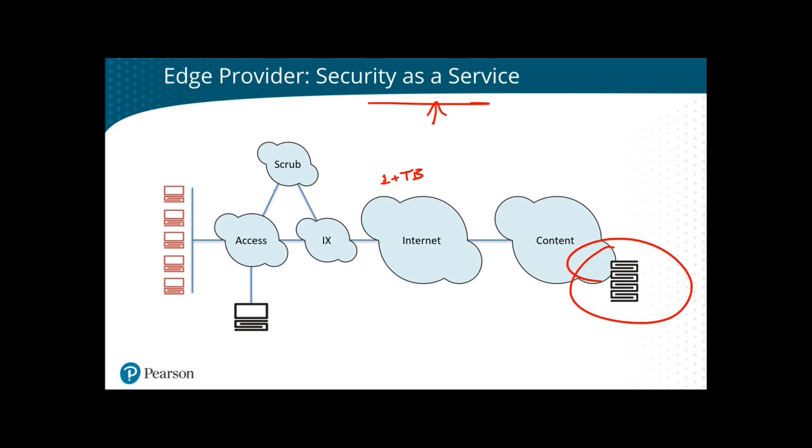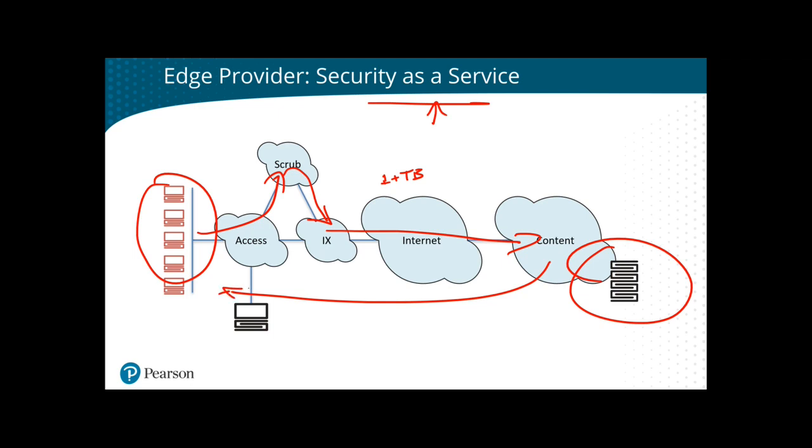What happens here is the edge provider consumes all of your traffic into a scrub center or into a point of presence or whatever you want to call it, and then ships the traffic, clean traffic only, back down to the internet to your content, and then relies on you to be able to reach back to your server or to your users. So this allows you to deflect and destroy large-scale DDoS attacks and even drip attacks and other kinds of things.